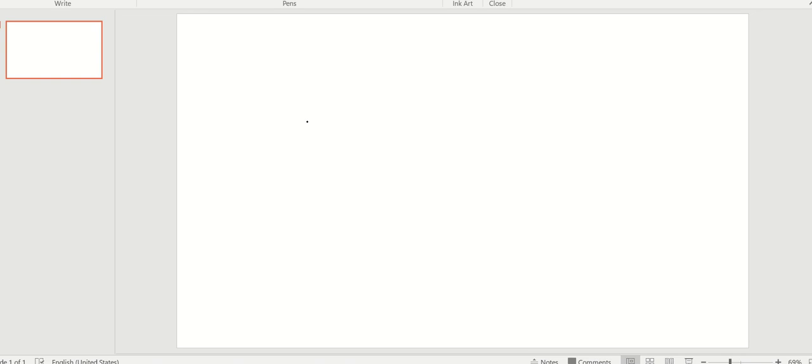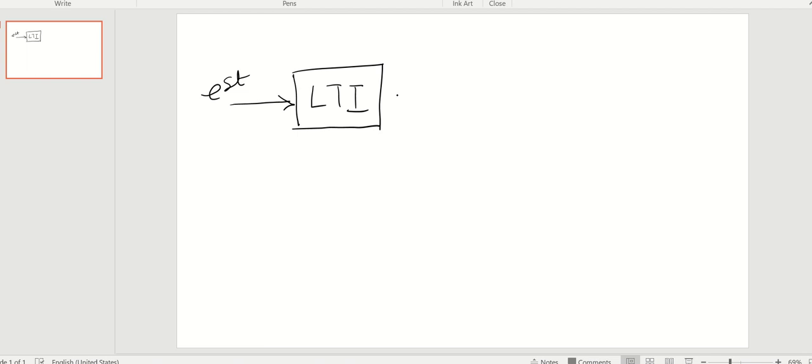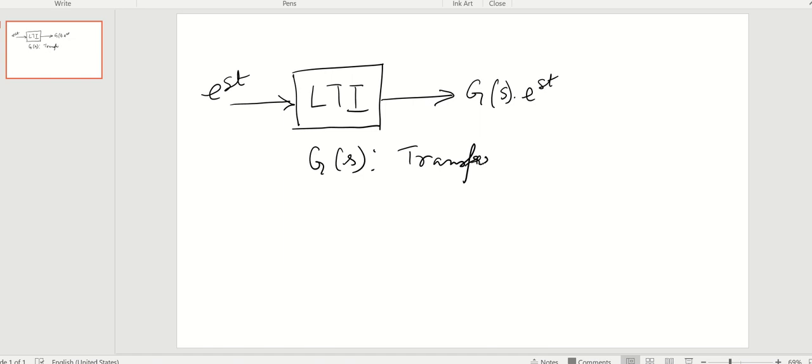So to quickly recap what we discussed in the previous class, what we had was a linear time invariant system to which we saw that if you apply an input of the form e to the power st, the output turns out to be g of s times e to the power st, where g of s is the transfer function of the LTI system.